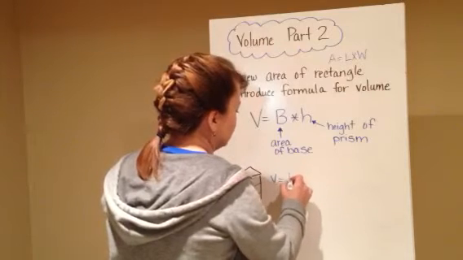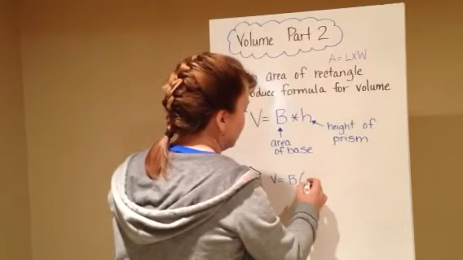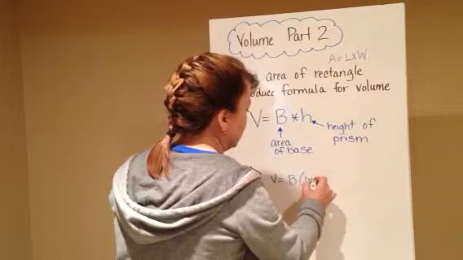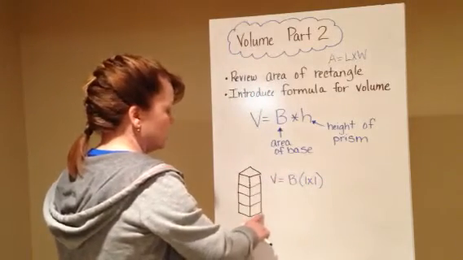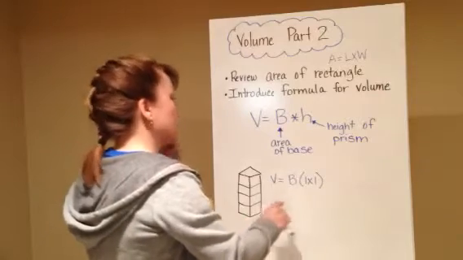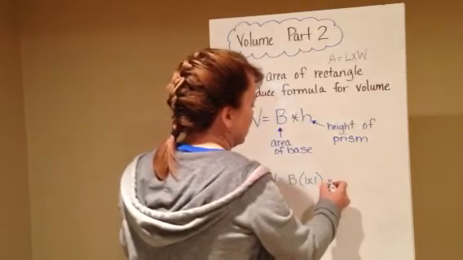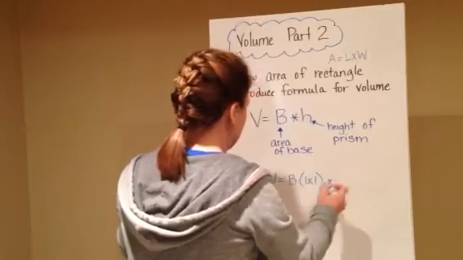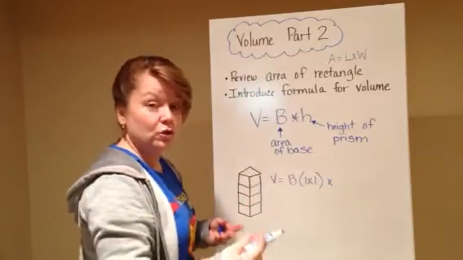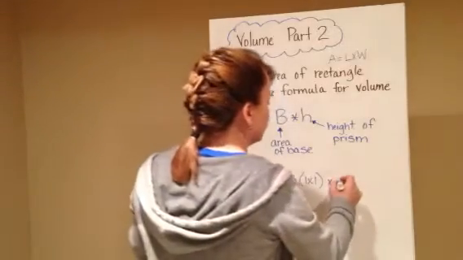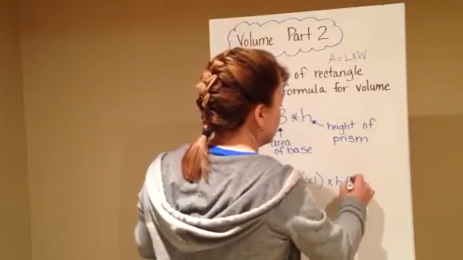So my base is going to be 1 for this particular shape. I'm thinking in my head that's 1 times 1, because that's length times width. Then I multiply that times the height, which is 4 cubes tall, so 4.